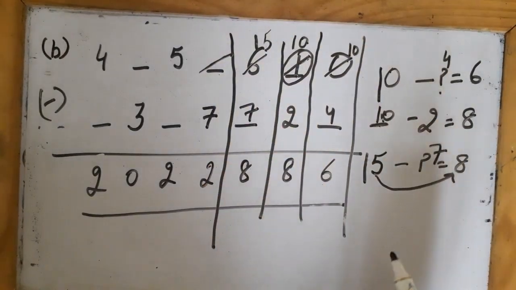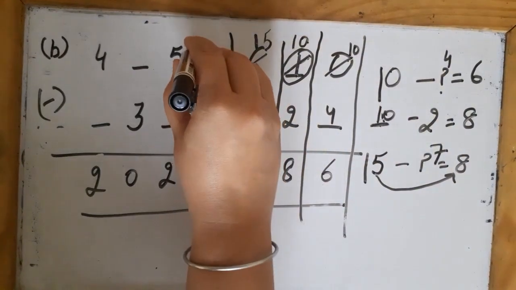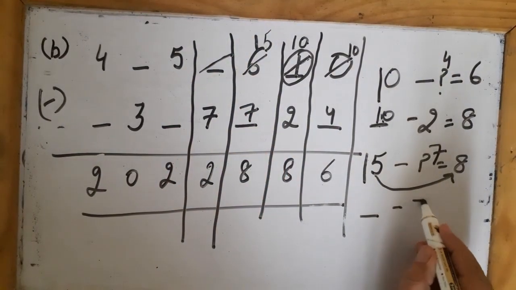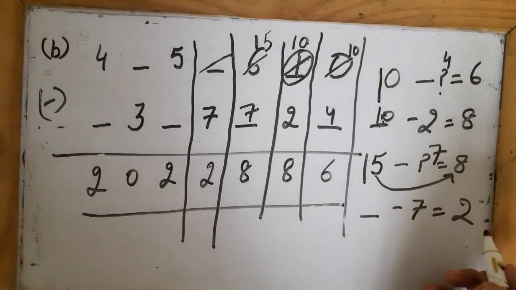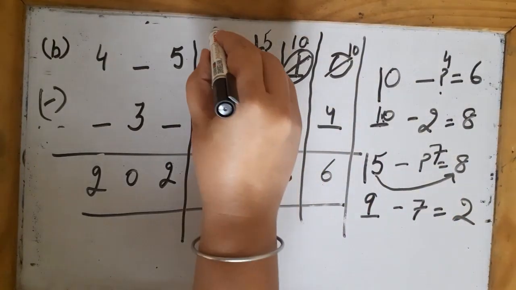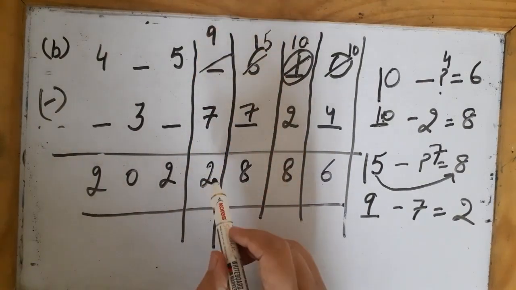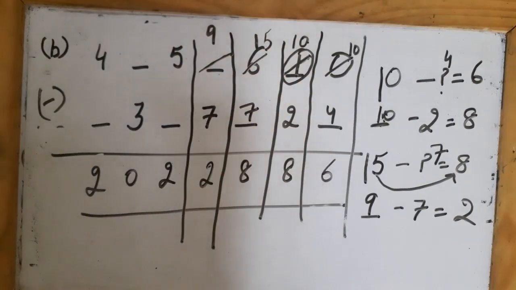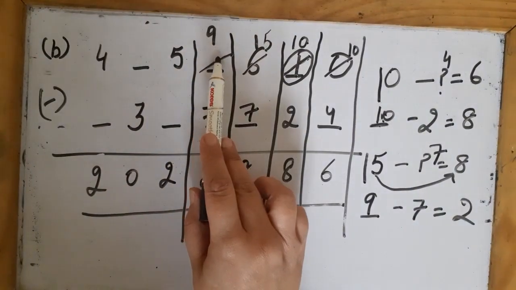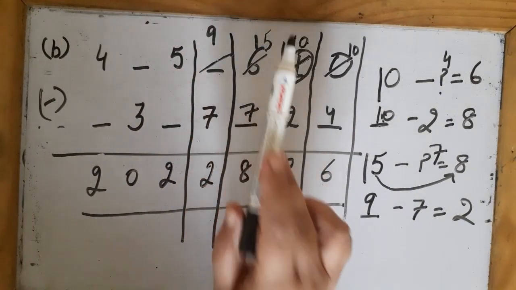Now this number, in the thousands place: from what should I subtract 7 to get 2? I know if from 9 I subtract 7, I'll get 2, but originally the number was not 9 because I have given one from it to this.